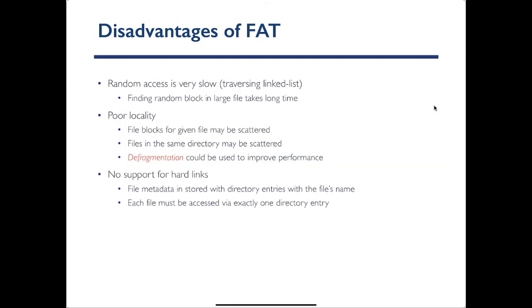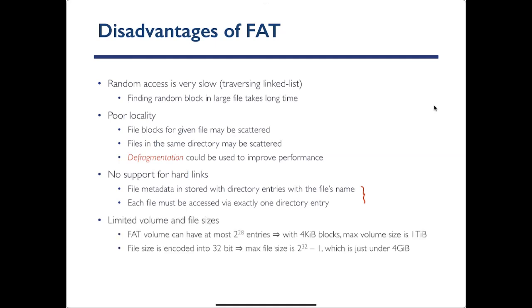The FAT file system did not think about reserving metadata for each file, and that, plus the fact that the entry to your file was a single entry in your FAT table, led to lack of support for hard links.